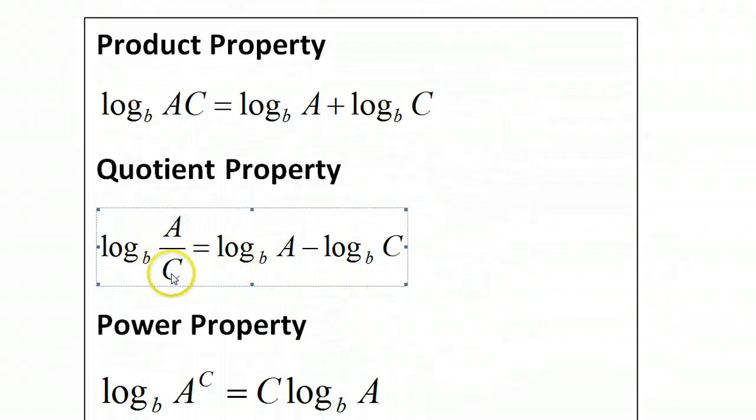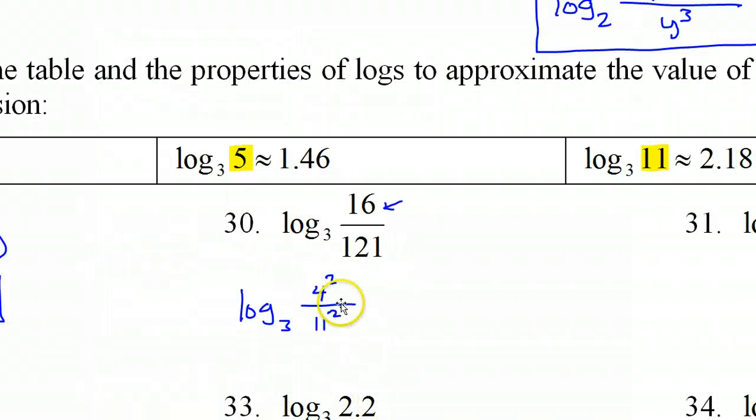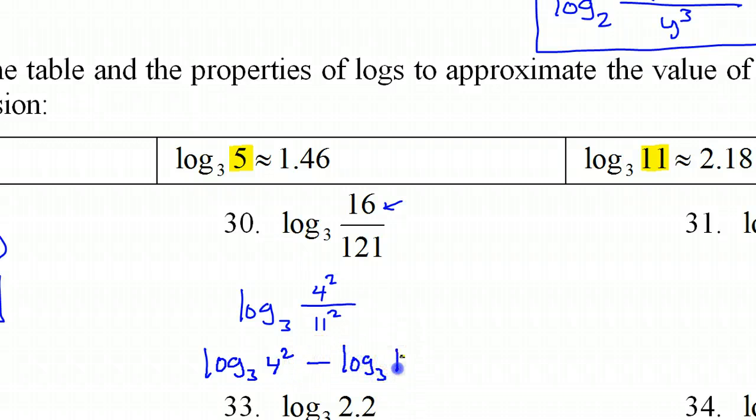A over C is going to become subtraction. So this is going to be the same thing as having log base 3 of 4 squared minus log base 3 of 11 squared.